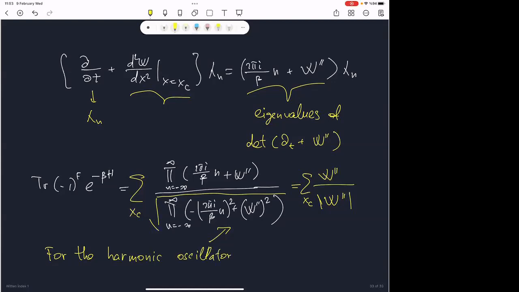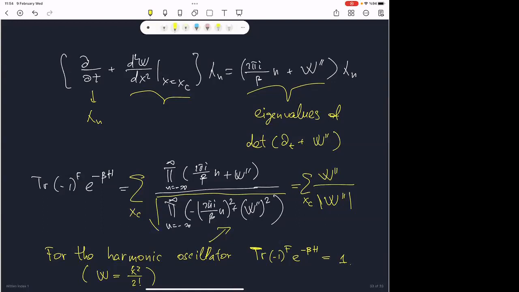So for the harmonic oscillator, you can see that the index equals 1 from this computation.